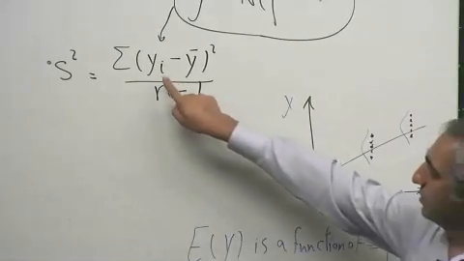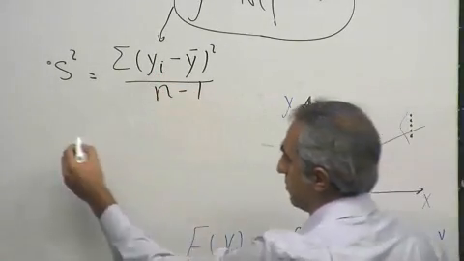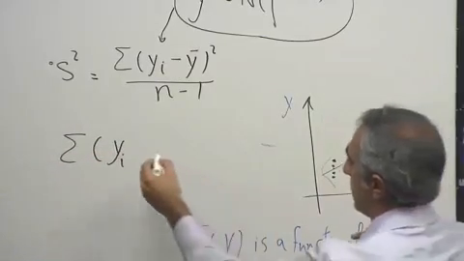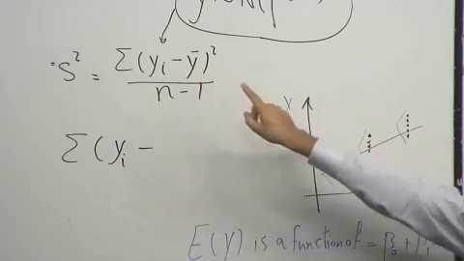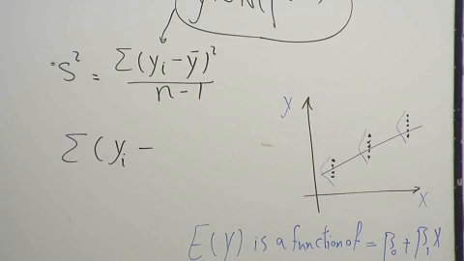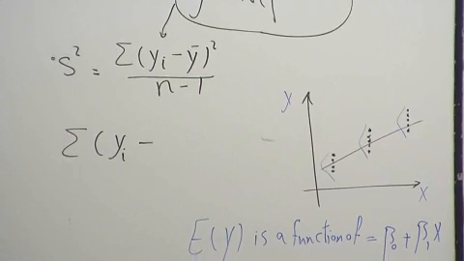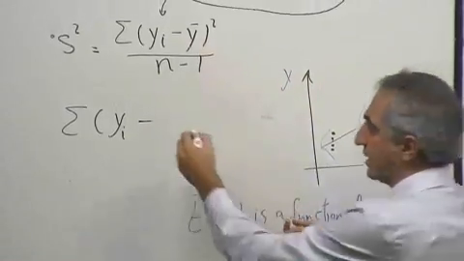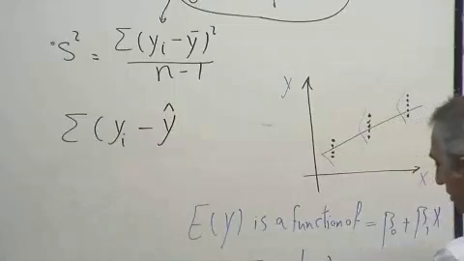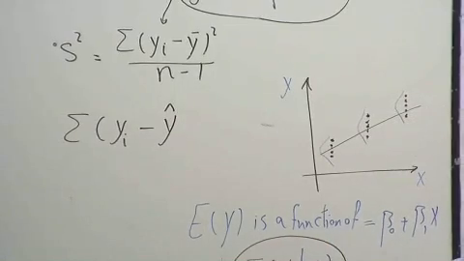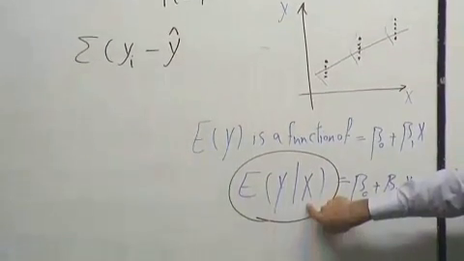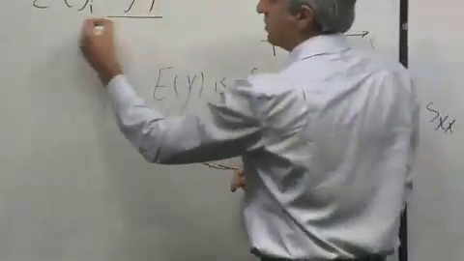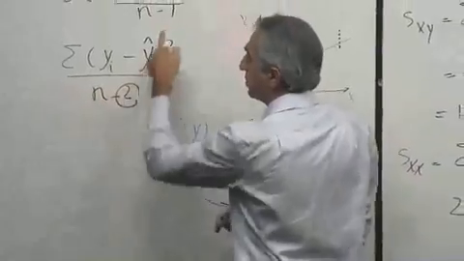Now, y is the same, but this should not be y bar. Why? Because y depends on x. So instead of y bar, I have y hat, which is the prediction or point estimation of the conditional mean. Does it make sense? The squared divided by n minus 2, not n minus 1.